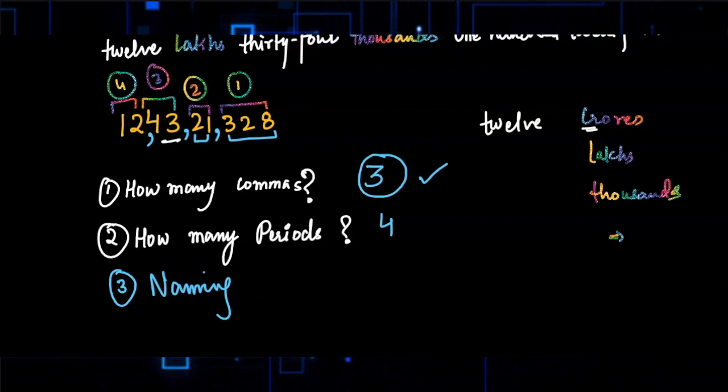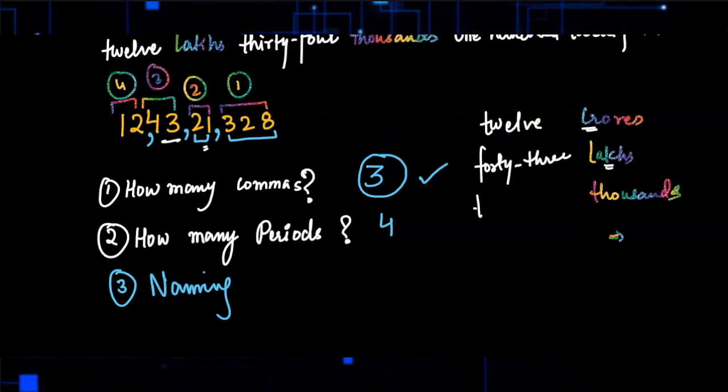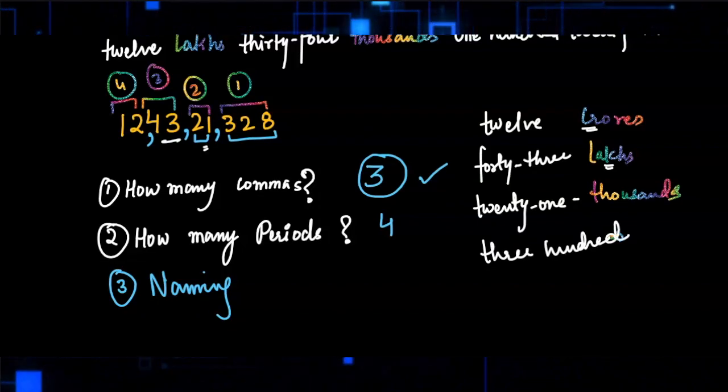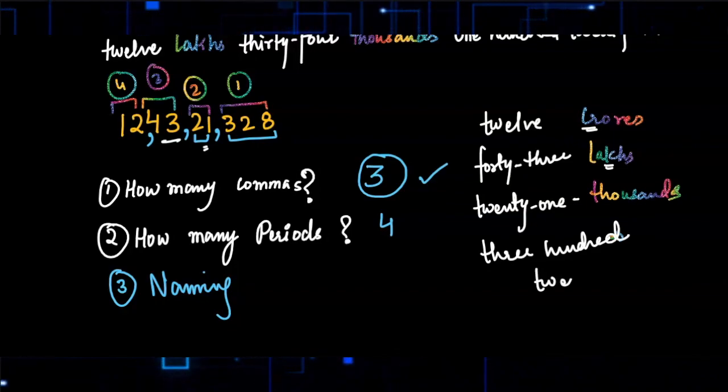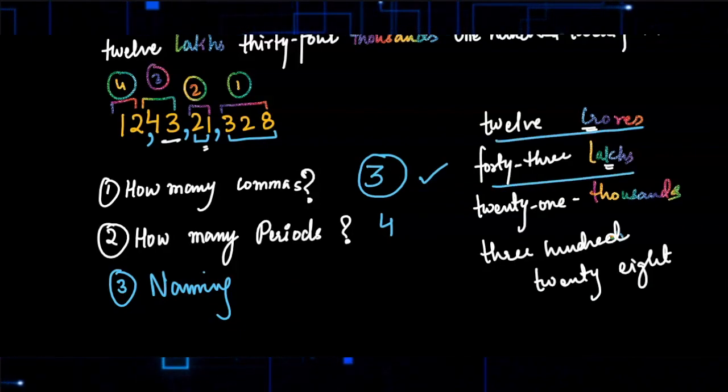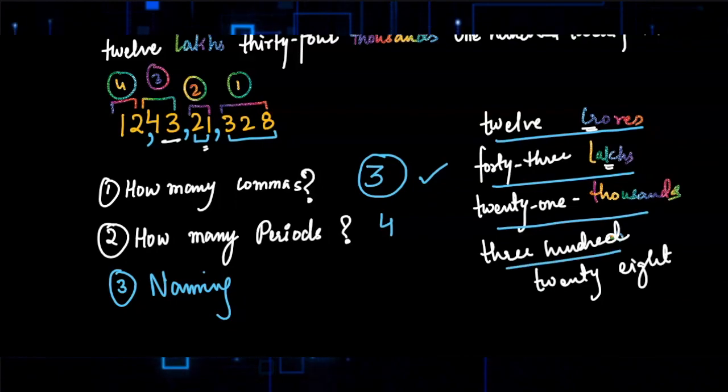Then we have 43. 43 under lakhs period. Then we have 21. We'll write 21 under thousands period. And then we have 328. And here we have the name of the number. So this is 12 crore 43 lakhs 21,328. As simple as this.